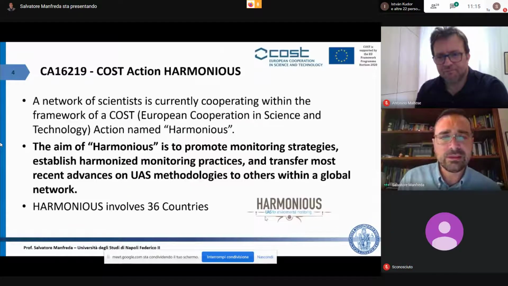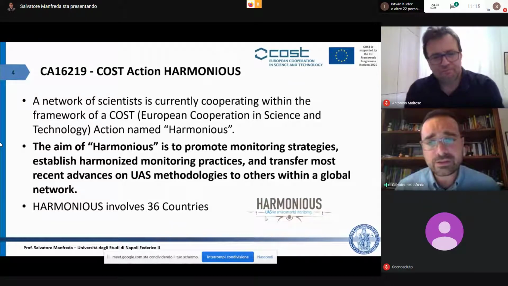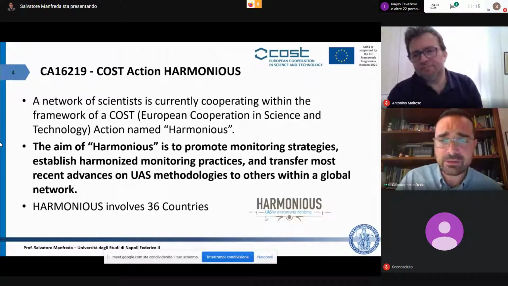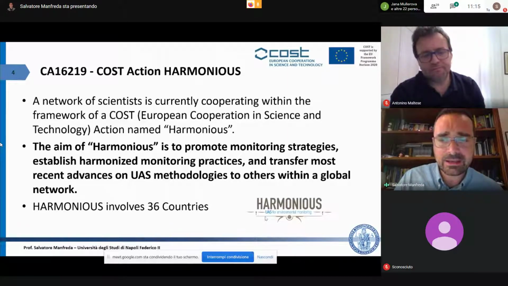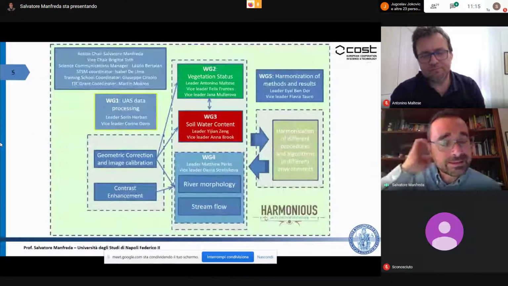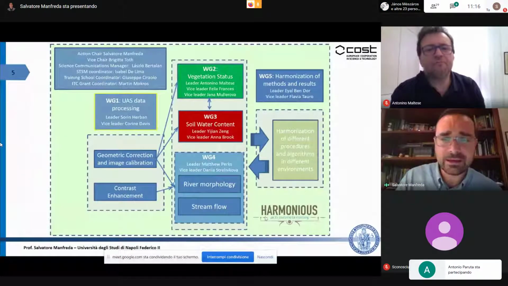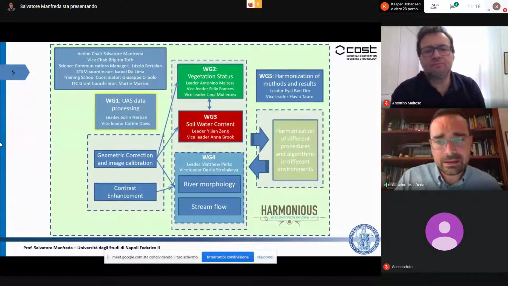You will see the cost action is one of the largest cost actions running under the cost association. The structure of the cost action is given in this slide, and I will upload it to the memory of this meeting for those that are interested.